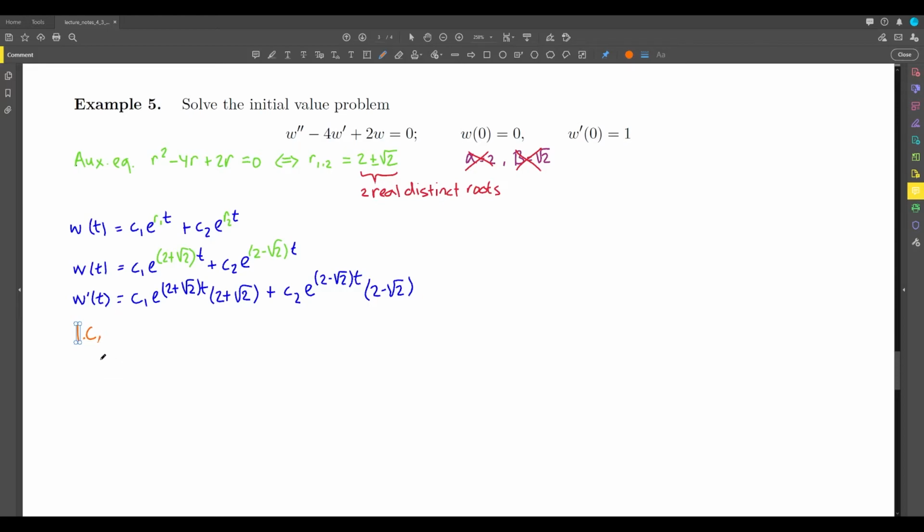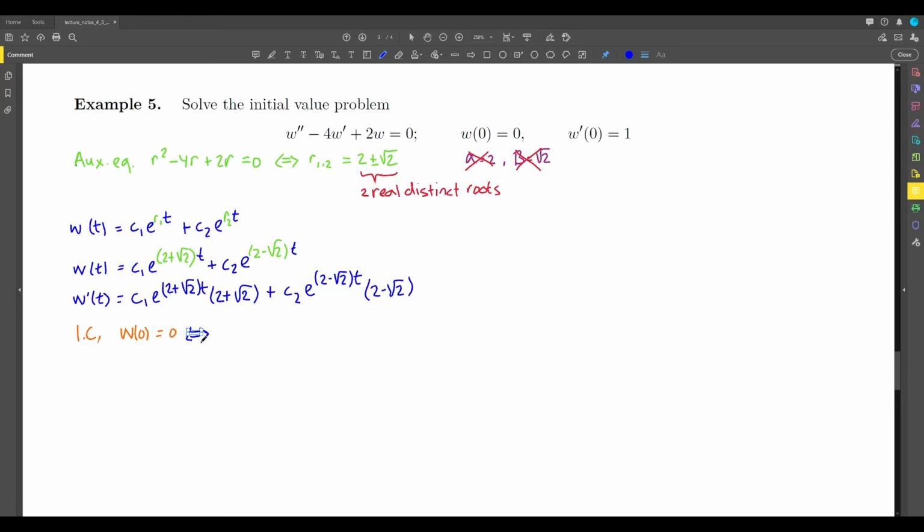So the first initial condition is that w at 0 equals 0. And we plug that into our w of t.